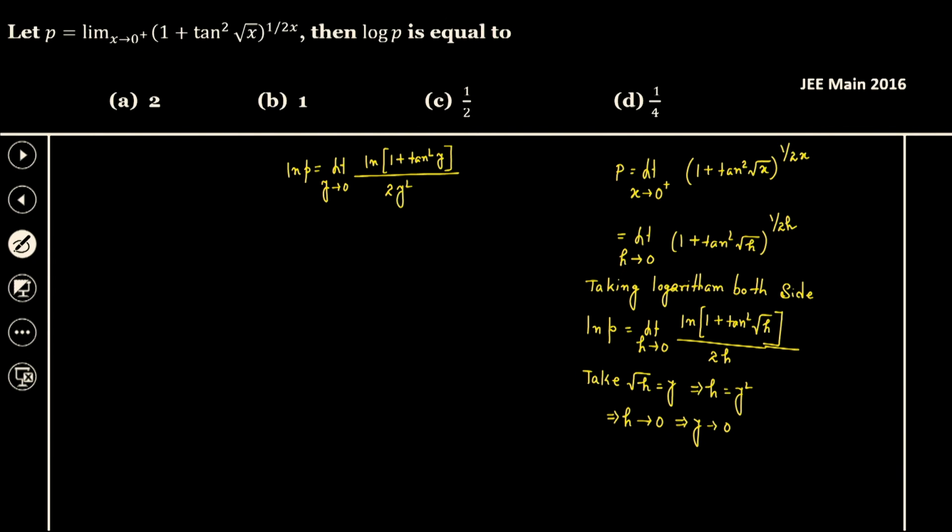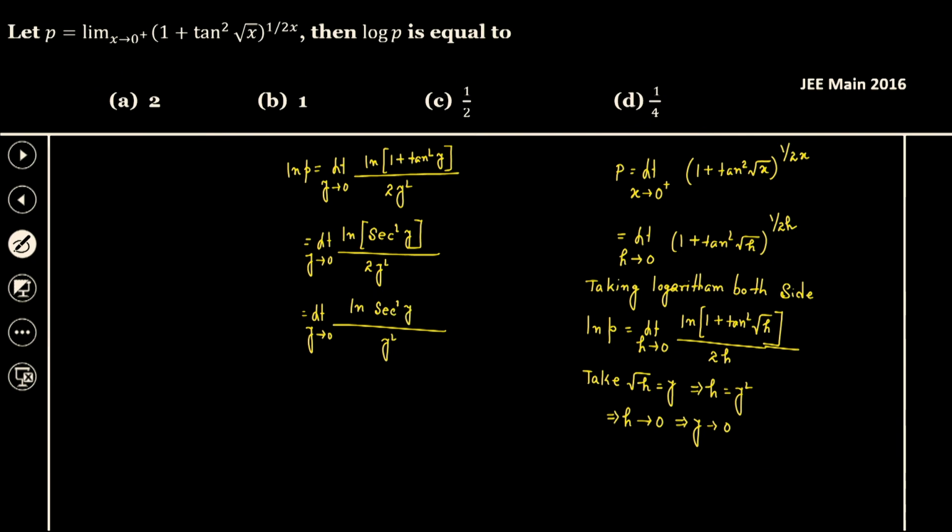That's it. Now that can be easily written as limit y tends to 0, 1 plus tan square y means it's sec square y. So it's log of sec square y divided by 2y square. Again we can apply power law. So it's limit y tends to 0 of 2 log of sec y divided by 2y square.